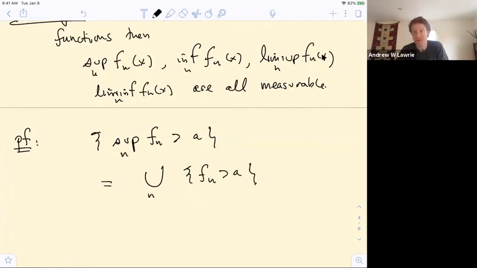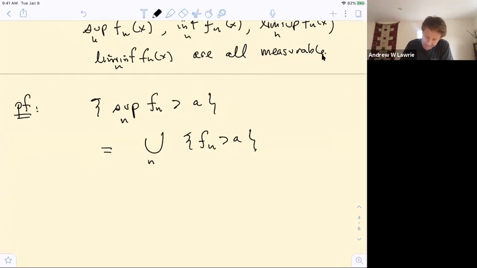And now, since measurable sets are closed under taking countable unions, we just have a countable union of measurable sets, which is also measurable.